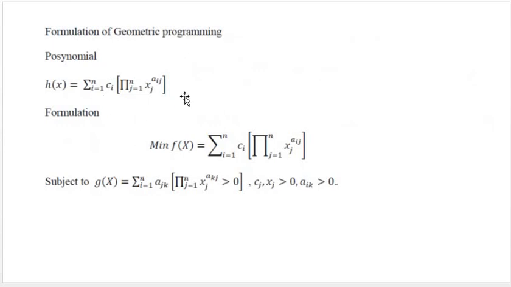A geometric programming problem consists of a polynomial function as objective function h of x equal to sigma i ranging from 1 to n, ci product j ranging from 1 to n xj raised to aij, which can be considered as a minimization function f of x subject to constraints g of x, which is similar to this polynomial function sigma ajk product j ranging from 1 to n xj raised to akj, which is greater than 0, and cj, xj are positive, aik greater than 0.